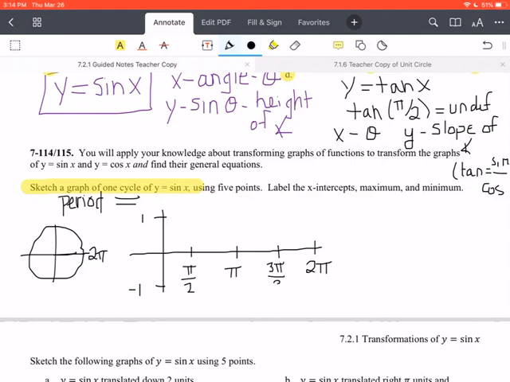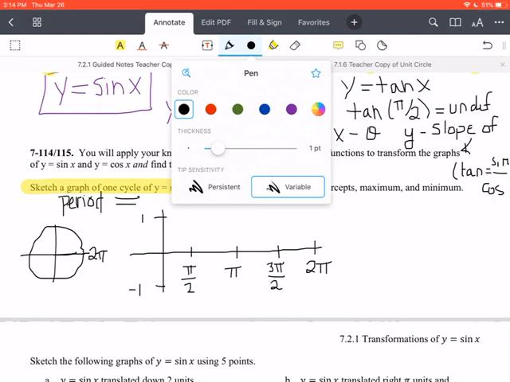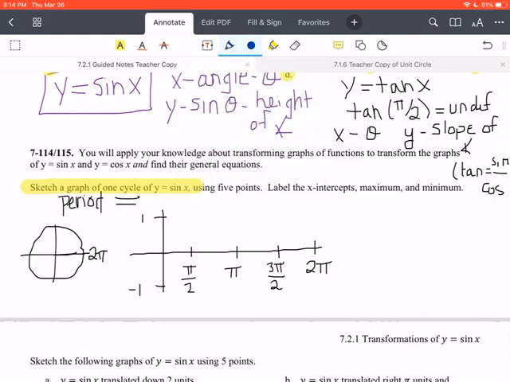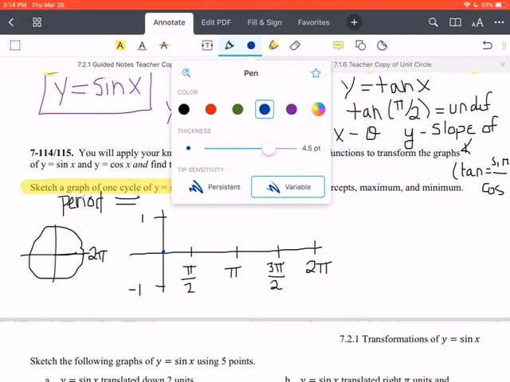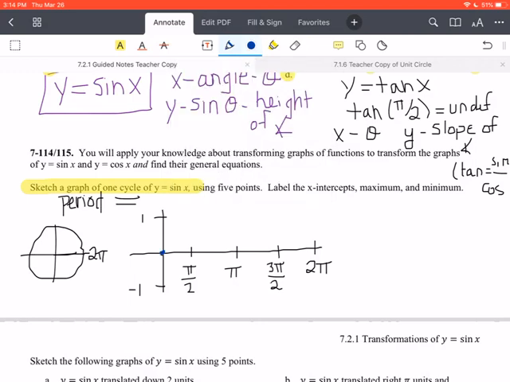So now, if I make my pen a little thicker, we're going to think about the values of these angles. If we go to 0 on our unit circle, what is the sine of 0 radians? The sine is 0 because we do not go up. Sorry, I'm distracting myself with trying to make this graph look pretty.